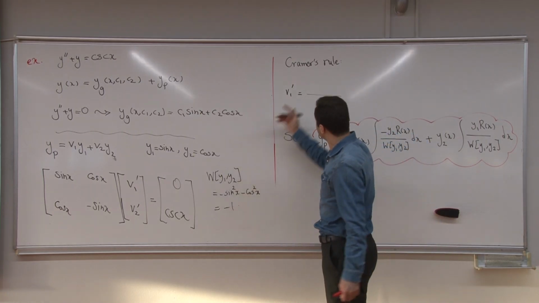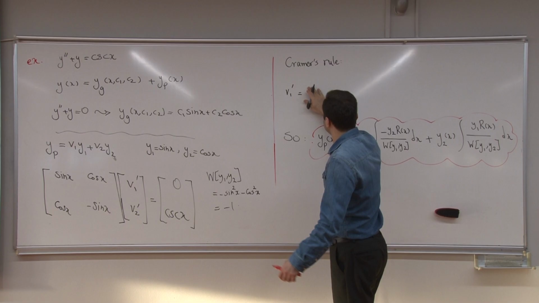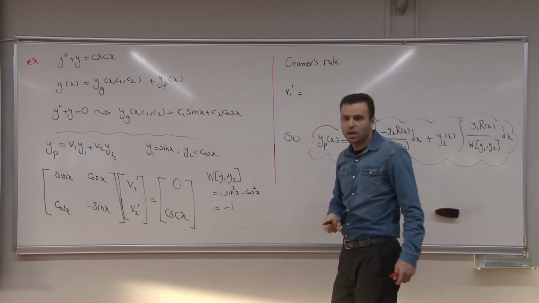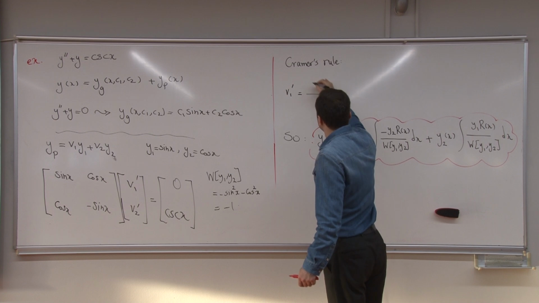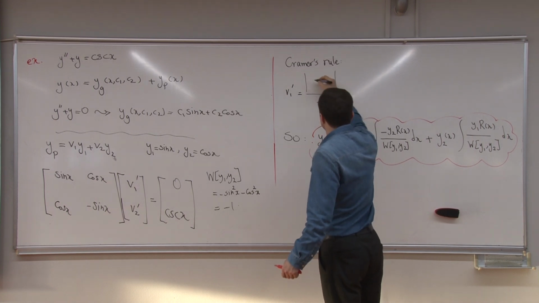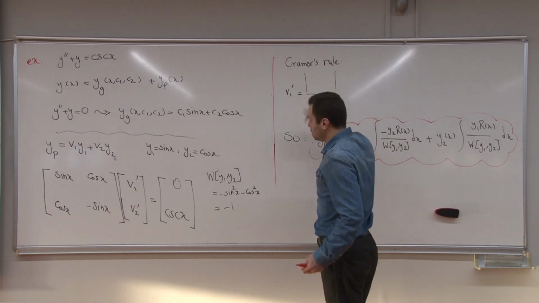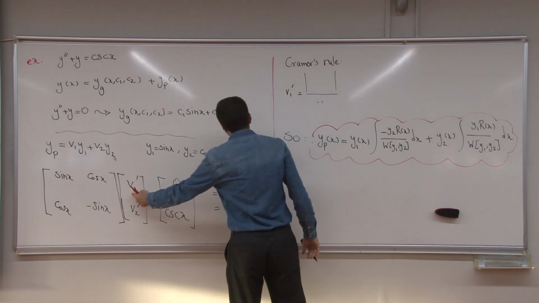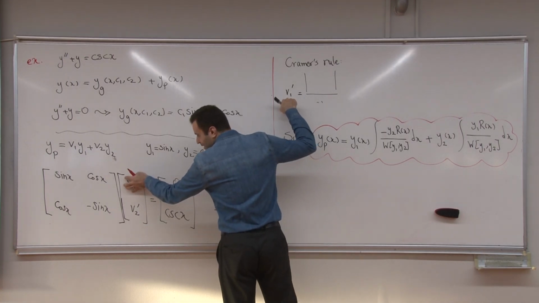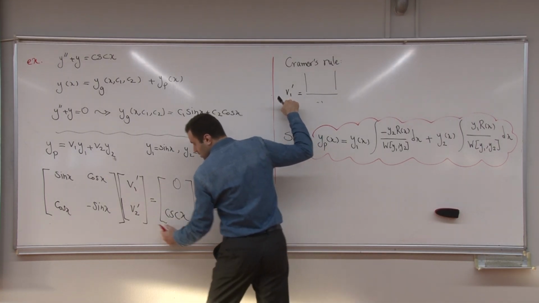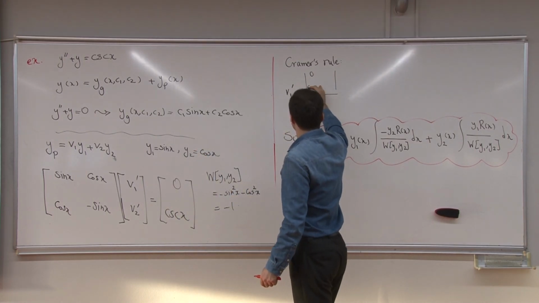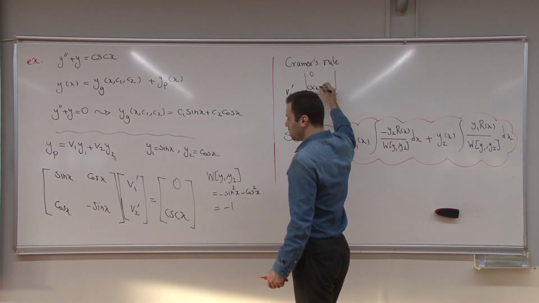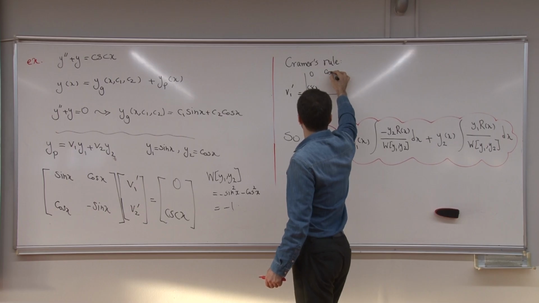So I'm just going to multiply everything by minus 1. I need to calculate the determinant of what? Since I'm looking for v1 prime, or the first variable here, I need to replace the first column. So it is 0, cosecant of x, cosine of x, minus sine of x.